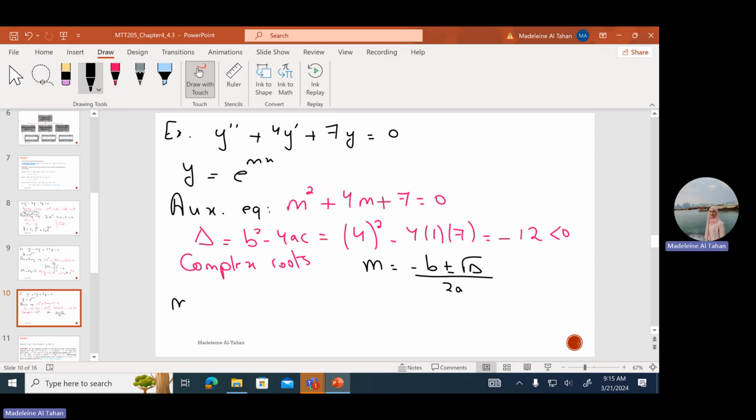So m is minus 4 plus or minus i radical 12 over 2, which is minus 2 plus or minus i radical 3. If you want, you can also use the calculator, but this is using the method.